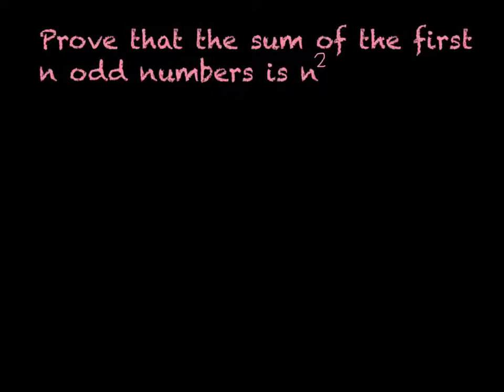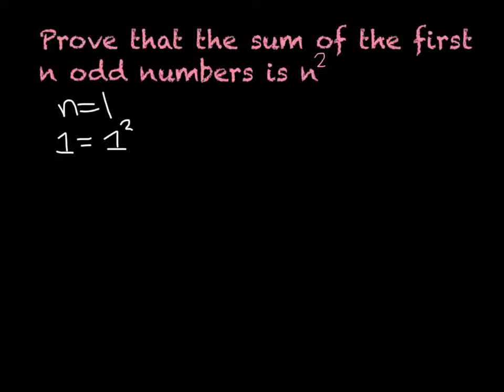Prove that the sum of the first n odd numbers is n squared. So again, we'll start with a base case, n equals 1. So this means proving that the sum of the first one odd number is 1 squared. Obviously, the first odd number is 1, and that is equal to 1 squared.